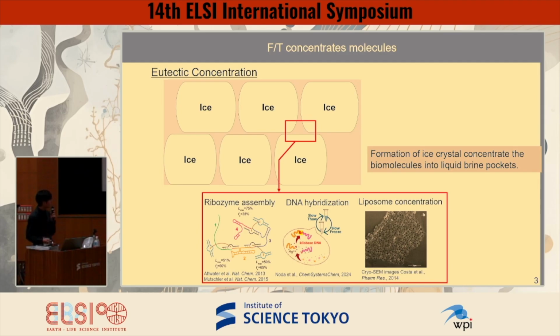So if you want to assemble some system, or if you want to promote fusion events, some kind of concentration mechanism is required, and freeze-thaw would be the perfect candidate for this purpose.